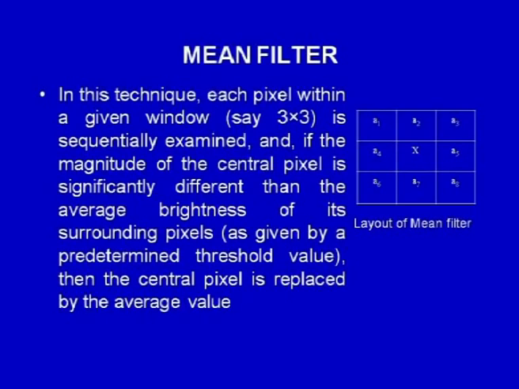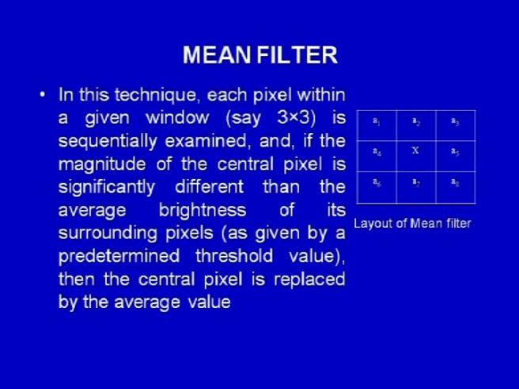Mean filter. In this technique, each pixel within a given window, say 3 by 3, is sequentially examined, and if the magnitude of the central pixel is significantly different than the average brightness of its surrounding pixels, as given by a predetermined threshold value, then the central pixel is replaced by the average value.